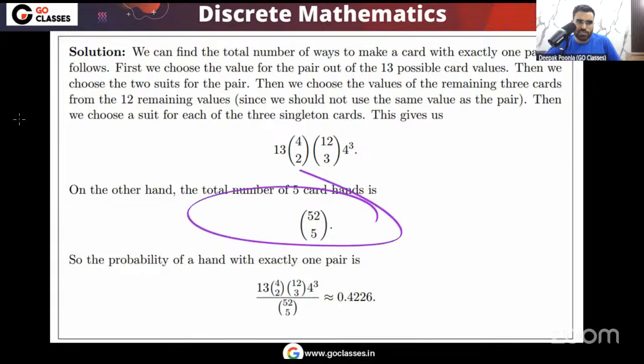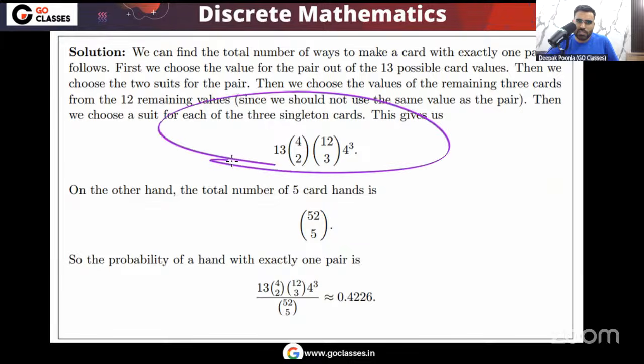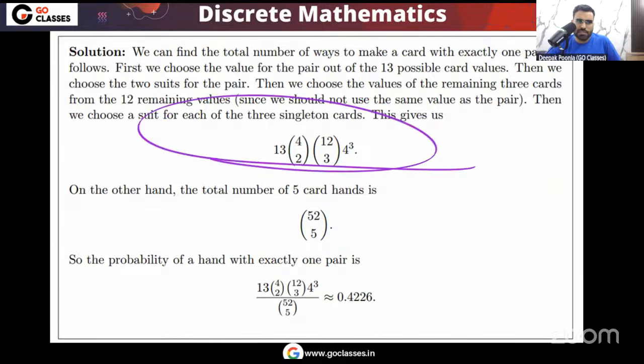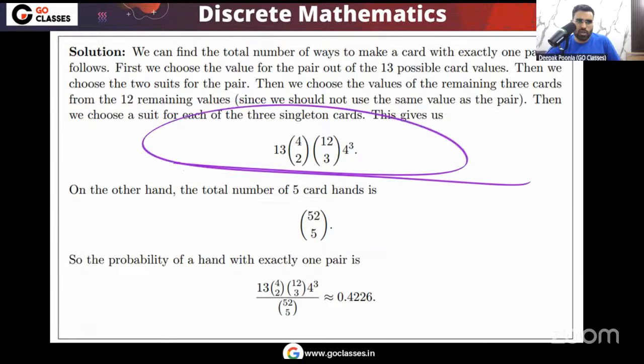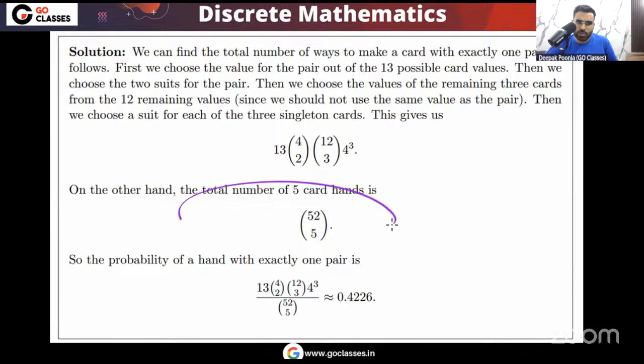So 52C5, this is the total number of five card hands. And you can see this is the number of one pair poker hands. So what is the probability of getting one pair poker hand? That will be the total number of one pair poker hands divided by the total number of five card hands. Okay, so you can just calculate, the probability will be approximately 0.4226.